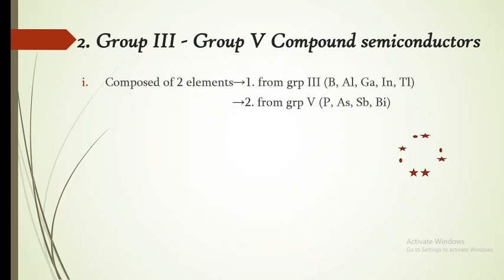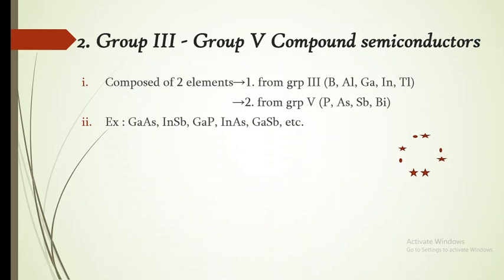Group 3 means column number 13 in the periodic table, which contains elements like boron, aluminium, gallium, indium, thallium, etc. Group 5 means column number 15 of the periodic table, which is mainly the nitrogen group, where you get phosphorus, arsenic, antimony, bismuth, etc.